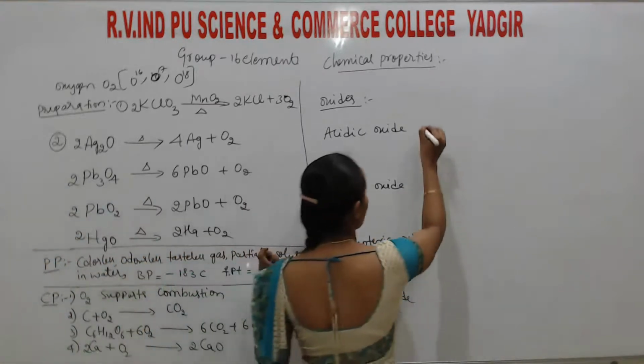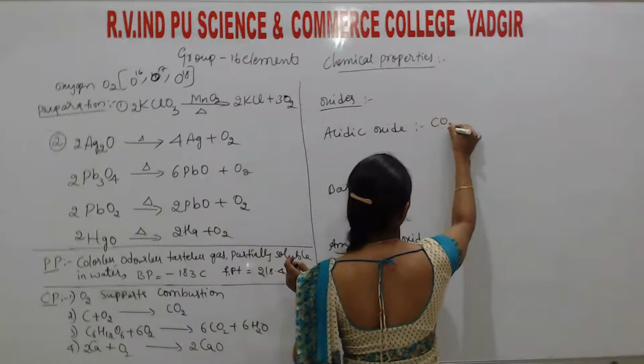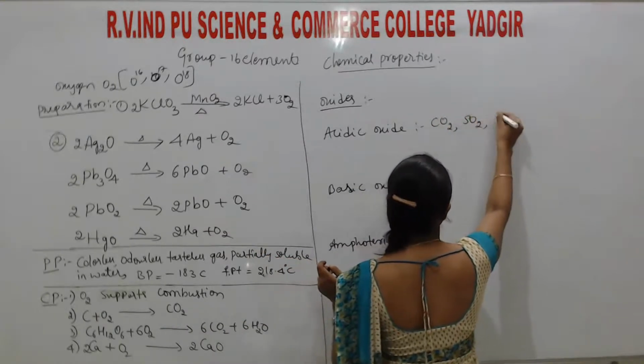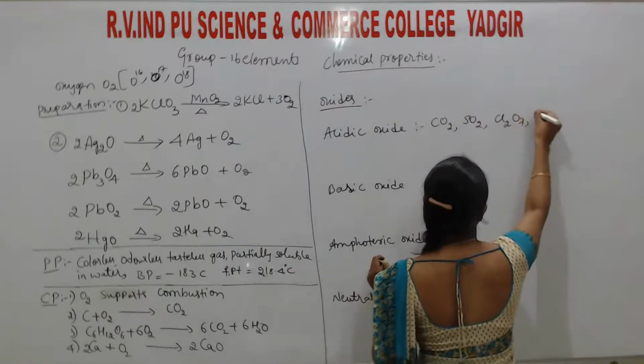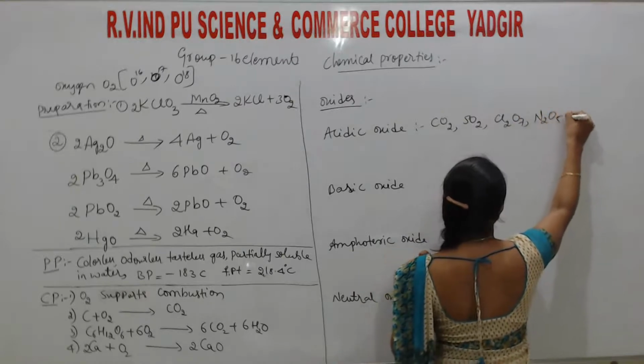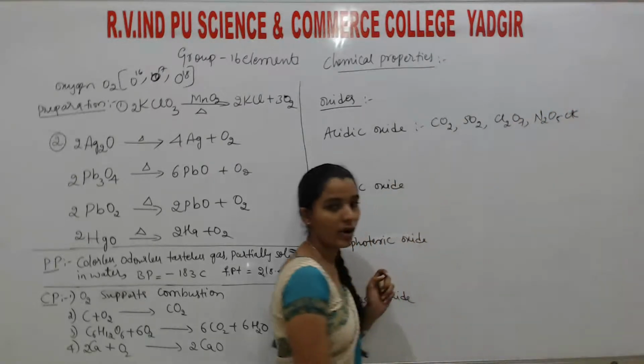Listen, I'll take examples of CO2, SO2, Cl2O7, N2O5, etc. for acidic oxides.